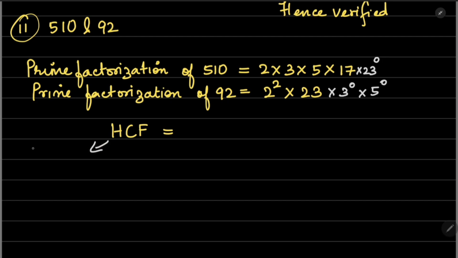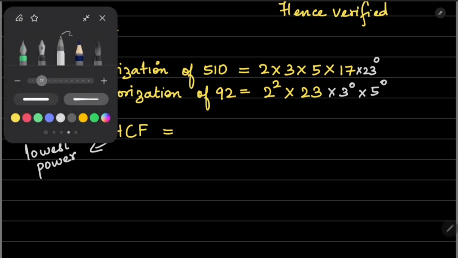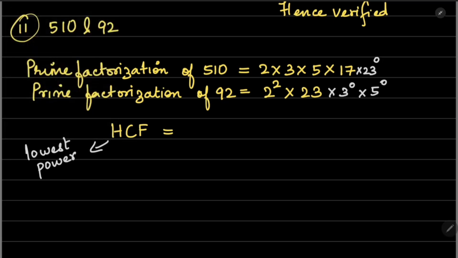So what is HCF? Taking the lowest powers. For 2, what is the lowest power? Again 2. For 3, the lowest power is 3 raised to the power 0. And for 5, 5 raised to the power 0.